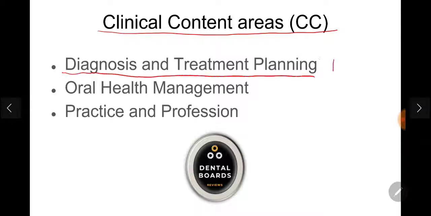This is a huge part, and you have to know this. And then, of course, the oral health management and the practice and professional. Practice and professional meaning OSHA, the research, the insurances, the patient management part is also here. So you have to know this part.